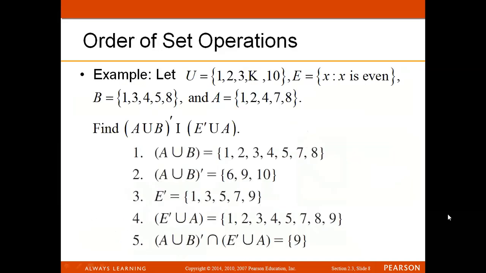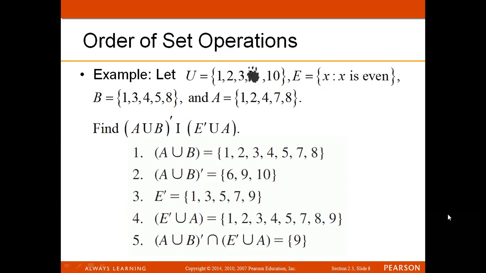Order of set operations. Example: let the universal set be 1, 2, 3, dot, dot, dot, 10, and let the set E be all x's such that x is even.